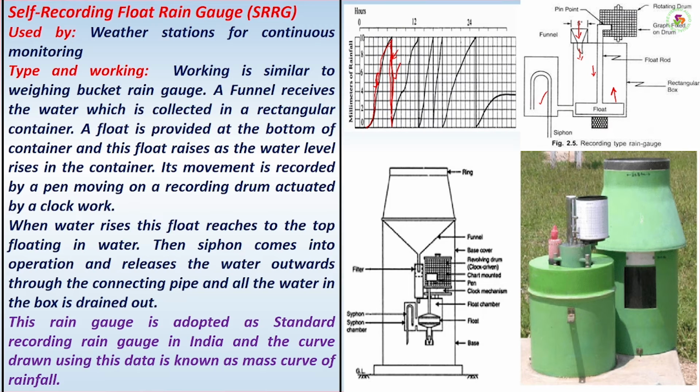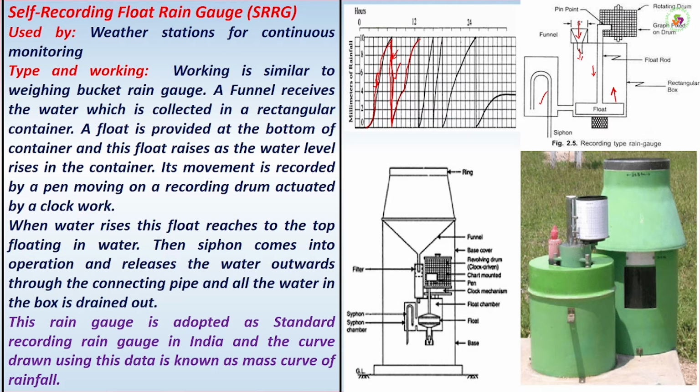Once it comes down, what will happen next? Again, when the rainfall is there, what will happen to the graph? Again it moves up. So the float movement inside the rectangular box is recorded in a graph attached to it. This is a rotating drum on which it is plotted.